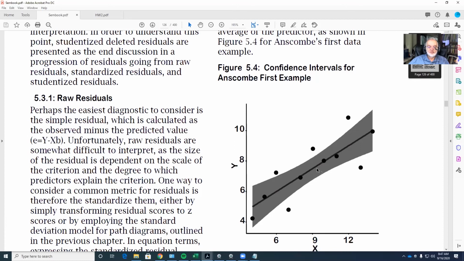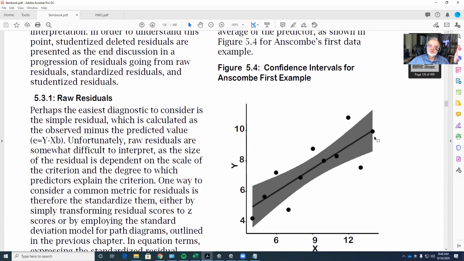As a matter of fact, that's cheating yourself a bit, because observations that are far from the mean are also those that are going to increase the power of your study. So simply going in and throwing away large residuals and going, oh, well, now I guess I don't have significance anymore, could be an artifact of the fact that you have reduced the variance of the predictor variable by throwing out those observations.